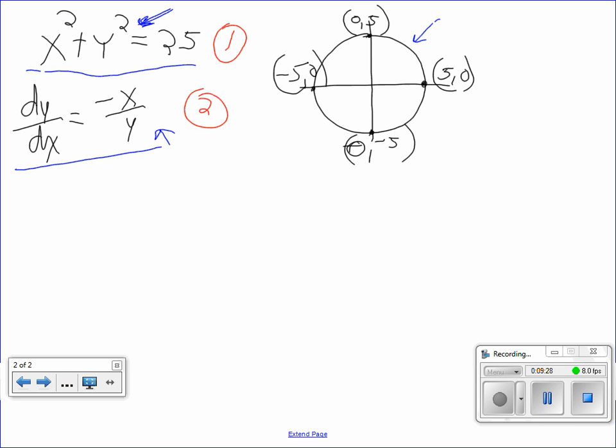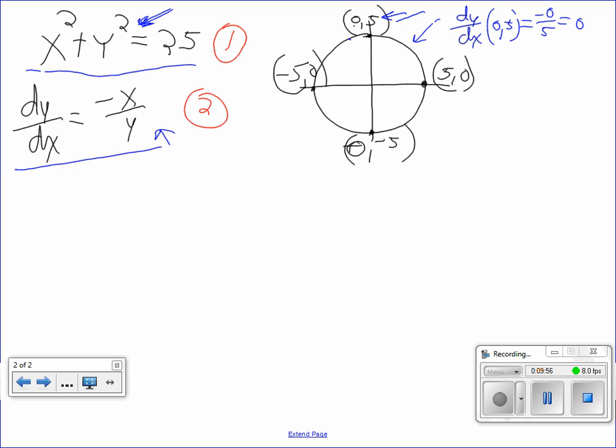So let's look at this, see if it makes any sense. I'm going to plug in, how about this, the point 0, 5. X is equal to 0, y is equal to 5. At this point, dy dx at 0, 5 is going to be what? Well, it's going to be minus 0 over 5. It's going to be equal to 0. Oh, hey, that makes sense too.